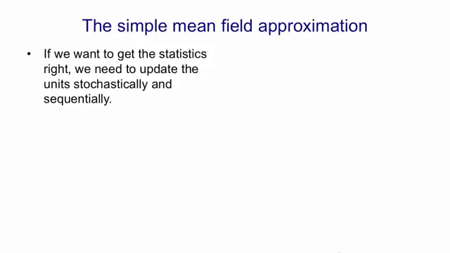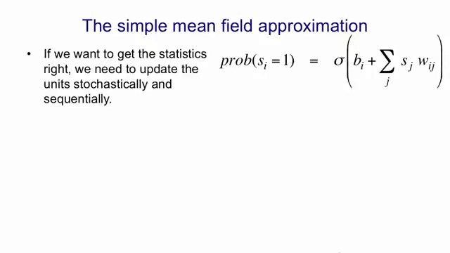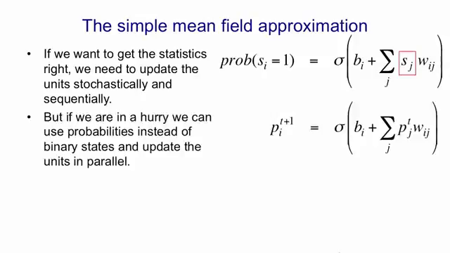So if we want to get the statistics right, we need to update the units stochastically and sequentially. And the update rule is the probability of turning on unit i is the logistic function of the total input it receives from the other units and its bias, where Sj, the state of another unit, is a stochastic binary thing. Now, instead of using that rule, we could say we're not going to keep binary states for unit i.